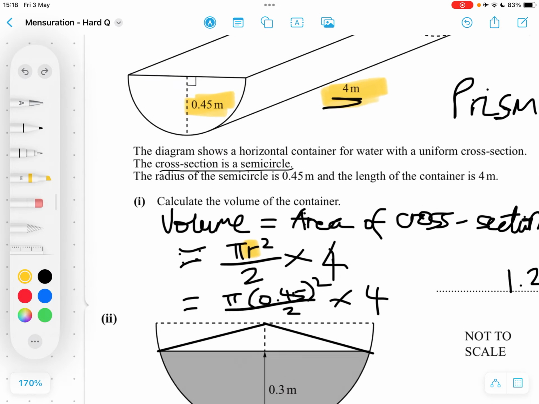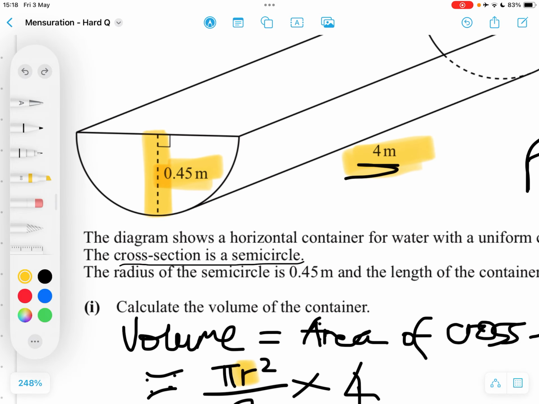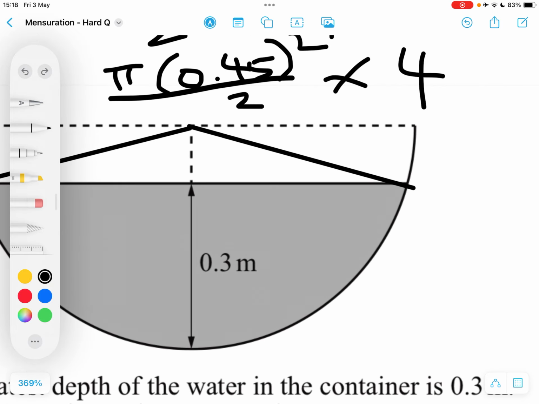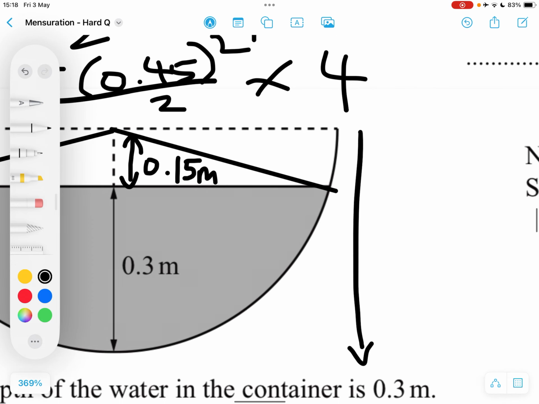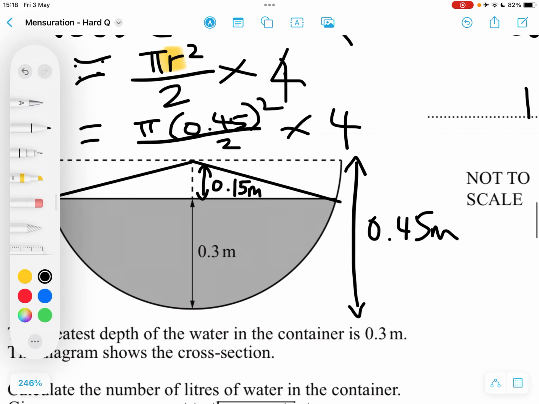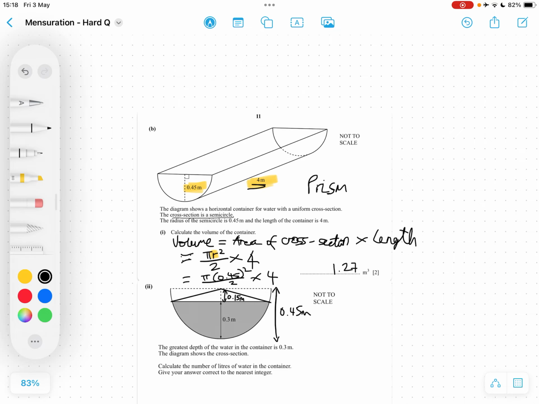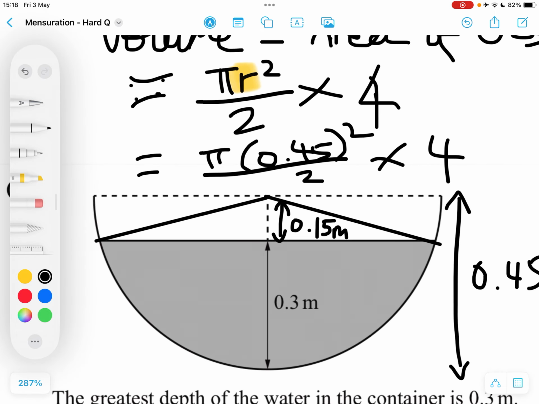And we also have some additional information. Since we know that the radius is 0.45 meters, and this height is 0.3 meters, therefore this much must be 0.15 meters, so that they add up to 0.45 meters as the radius. Another important piece of detail is that this length right here is the radius.